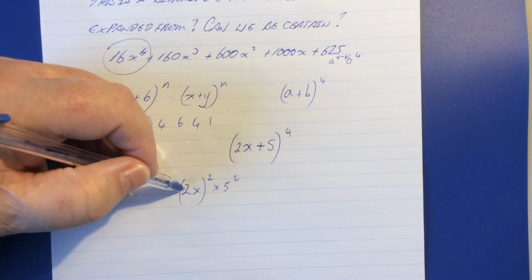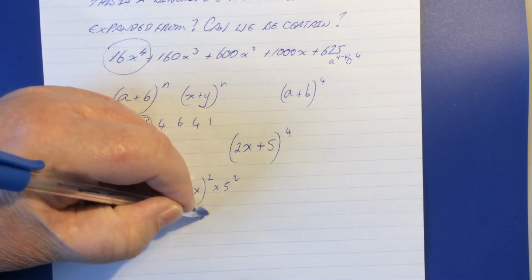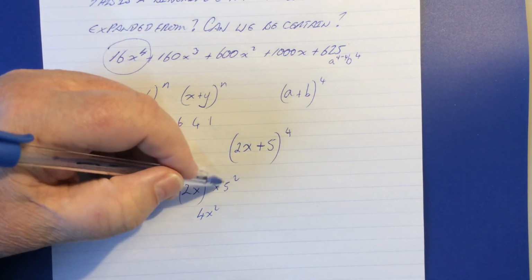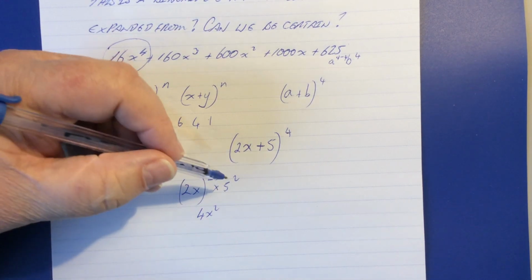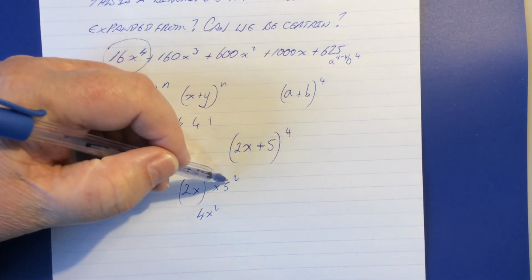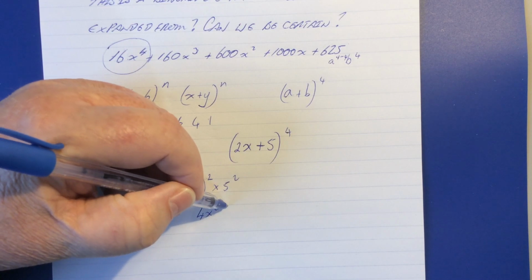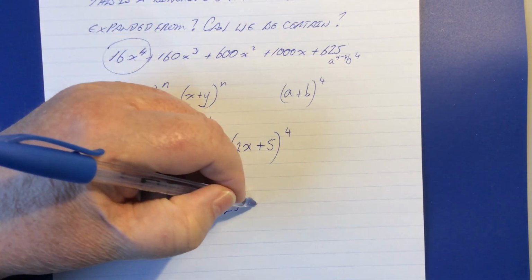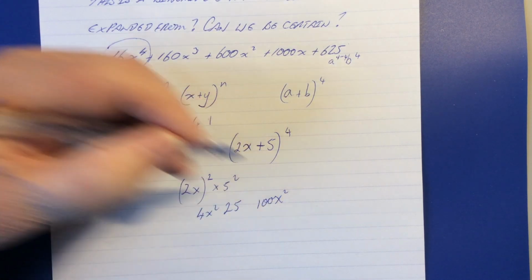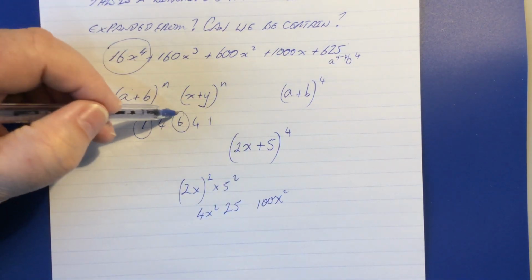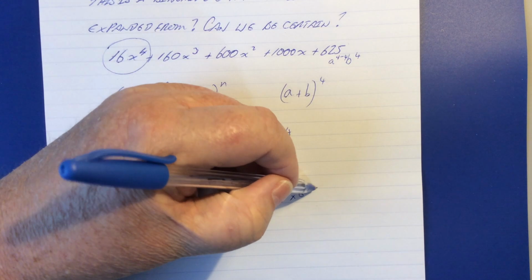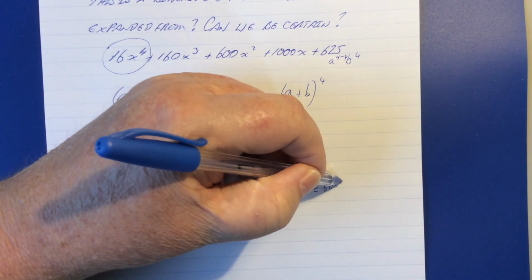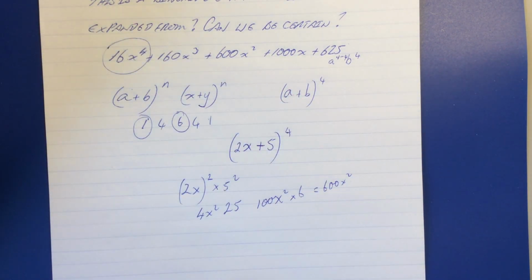So we get 4x squared times 25, which gives us 100x squared. We're not done yet. Remember this, times 6, which gives us 600x squared. Okay, I think we're in business. Kind of.